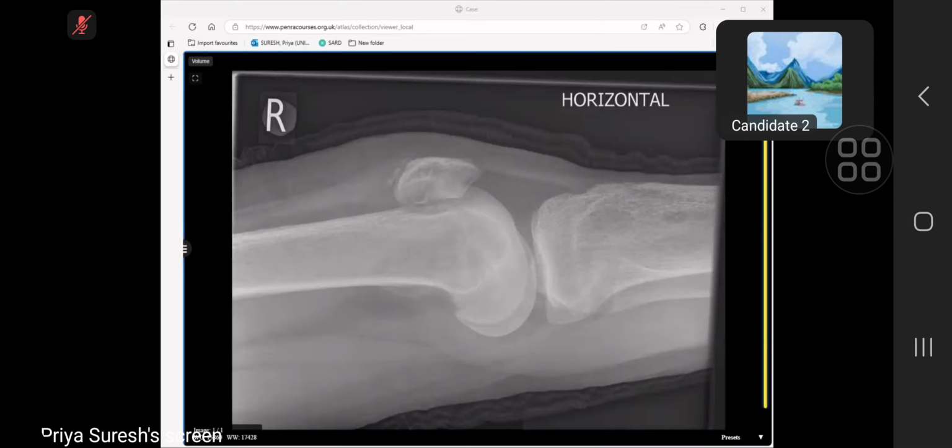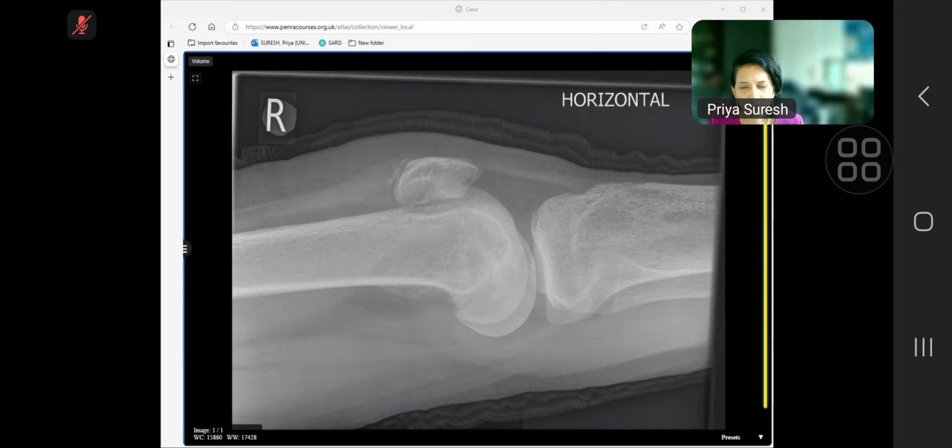this is the right, and on the right there are again some calcific densities in the soft tissues noted in the prepatellar region and along the superior patellar pole, with a thickened superior patellar ligament. There is also, along the posterior cortex, a solid type of periosteal reaction.